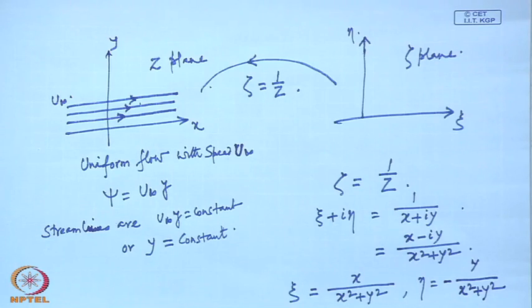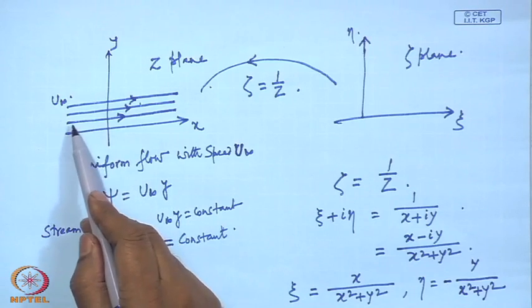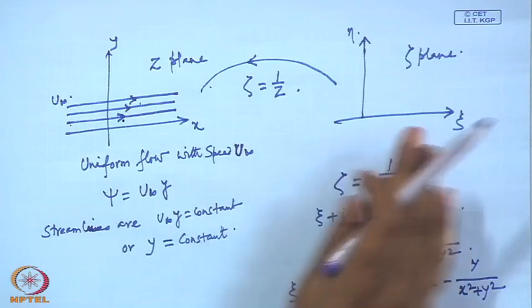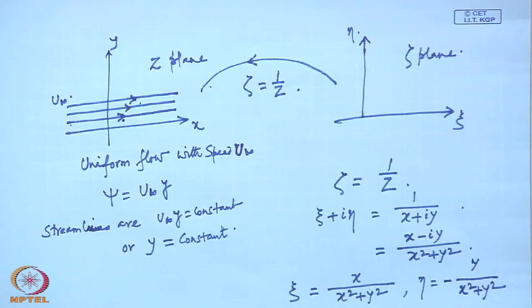Now, on the streamline, what we are basically doing is transforming these straight lines to this plane. Transforming a straight line is basically transforming certain points. So, how each of these points is transformed, that is what you have to find.